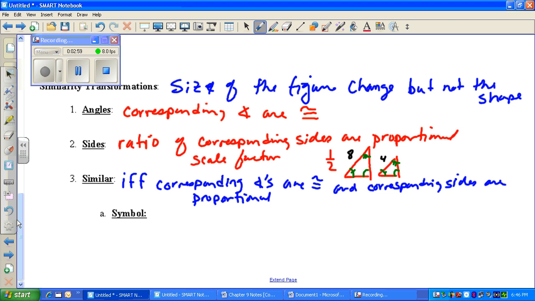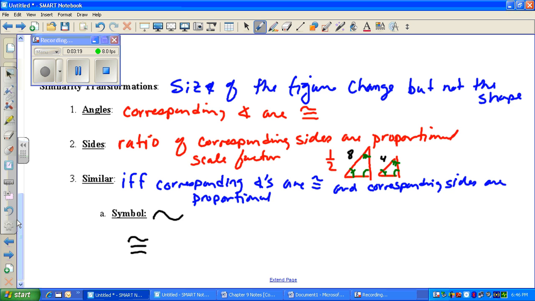So if those two items happen, both corresponding angles are congruent and corresponding sides are proportional, the objects are said to be similar. The symbol for similar is just the squirrely bar. That's it. We've been using this without really defining its meaning.